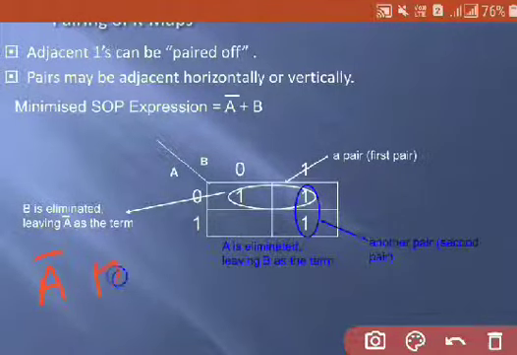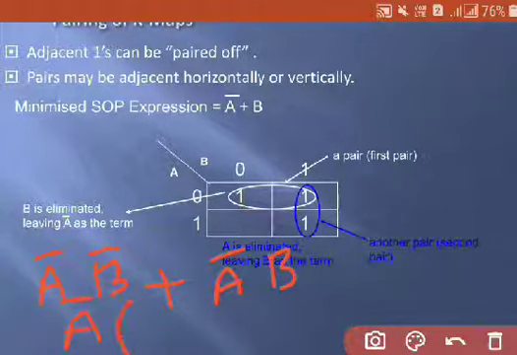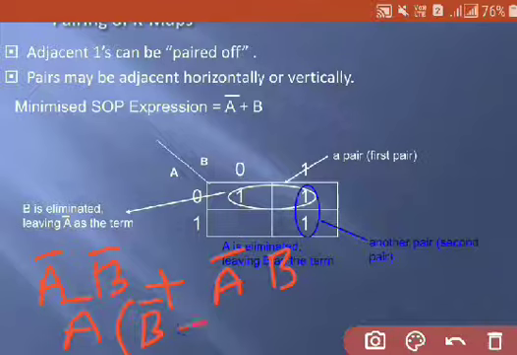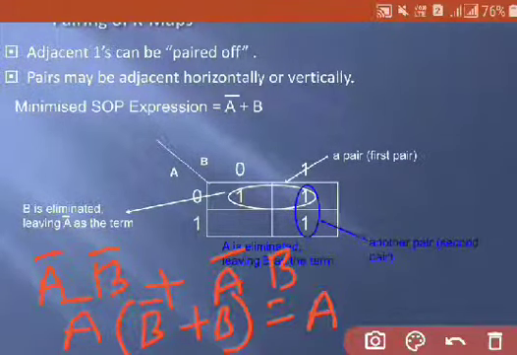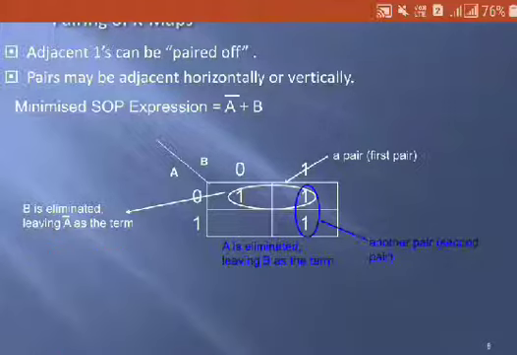A bar B bar, plus the minterm corresponding to this, which is A bar B. If you take A bar common, the leftover term is B bar plus B, which is nothing but 1, leaving A bar. That means if you pair the first pair, the B term is eliminated and the leftover term is A bar, since 0 stands for the complemented variable.